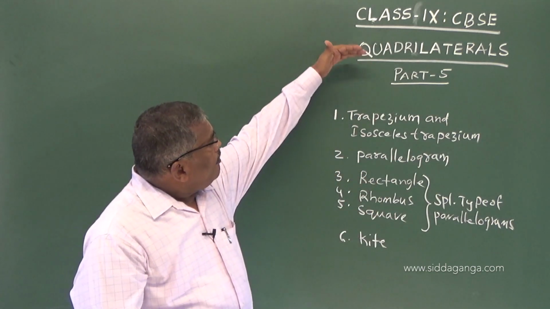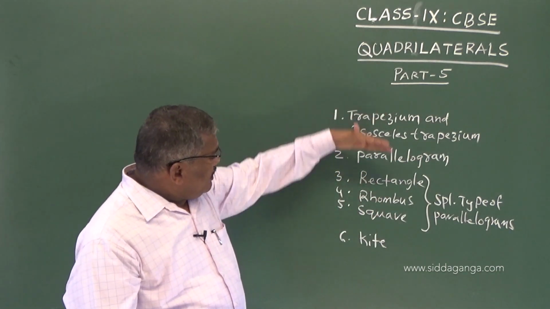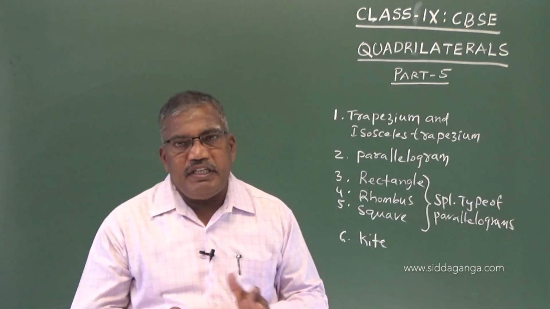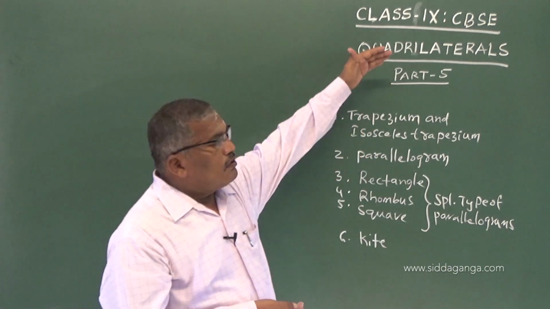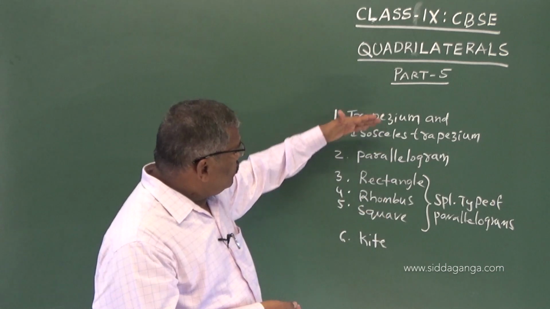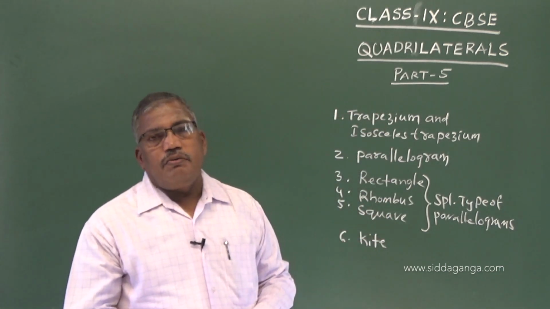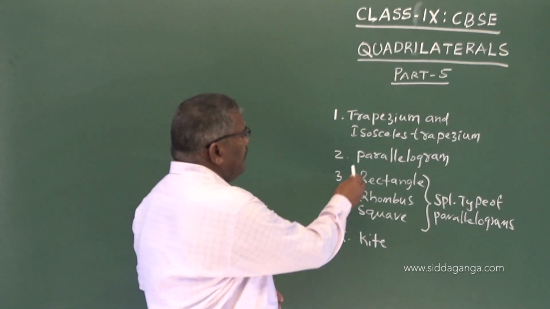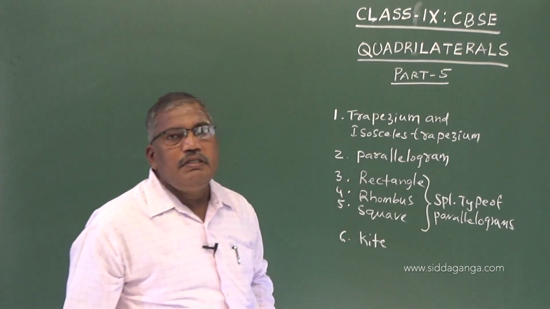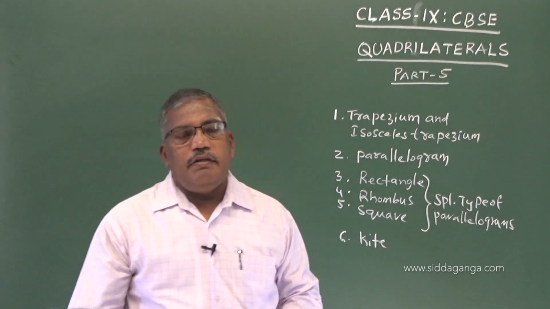But the trapezium and kite you are supposed to know as basic knowledge in quadrilaterals. A little bit of knowledge about these two topics is also there in your syllabus, but mainly parallelogram, rectangle, rhombus and square. These things you will study in detail.